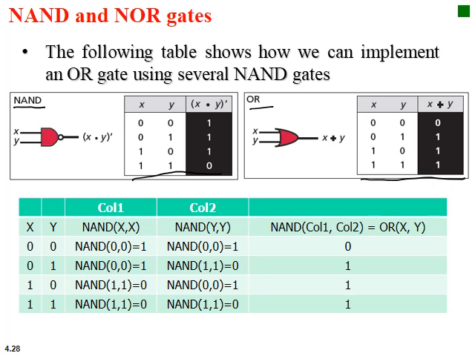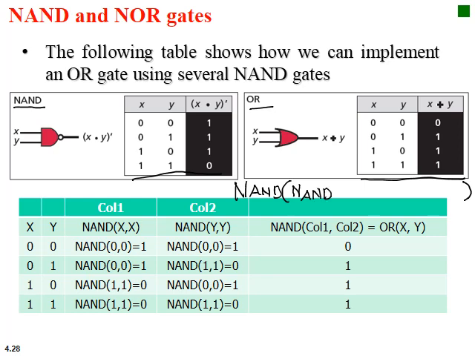So for this example, I didn't actually write out in full what the entire formula would look like. The actual entire formula would look like the following: NAND of a big thing, and this big thing is not so big. It's actually, again, the NAND.